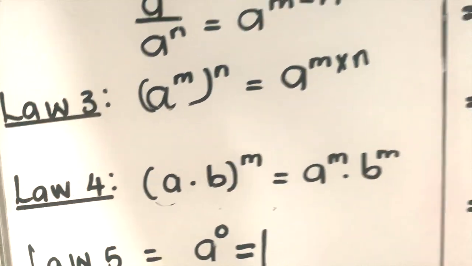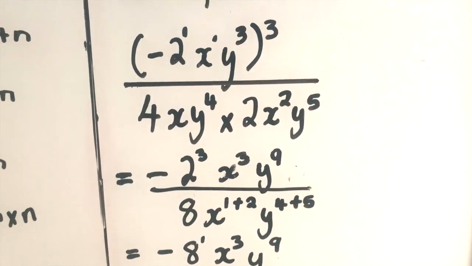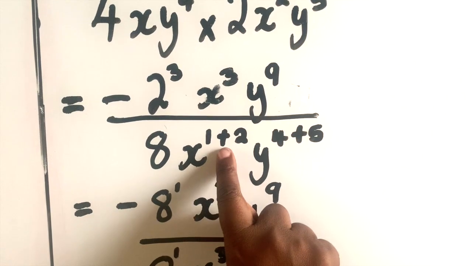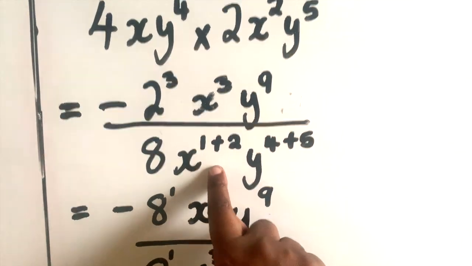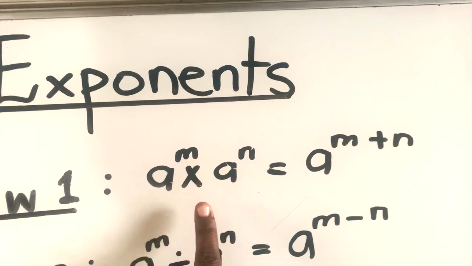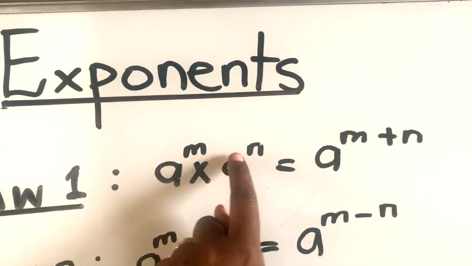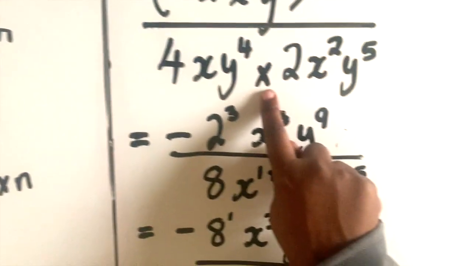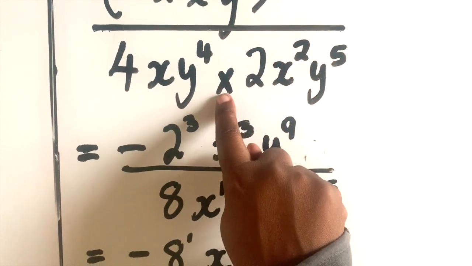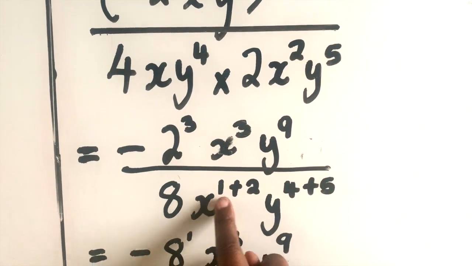Right? And then with this one here, where did I get the x plus 1, these ones? It was law 1. That says when the bases are the same and you are multiplying, we add the exponent. So here, the bases are the same, base x and base x, and we were multiplying. That's why here we had a 1 plus 2.